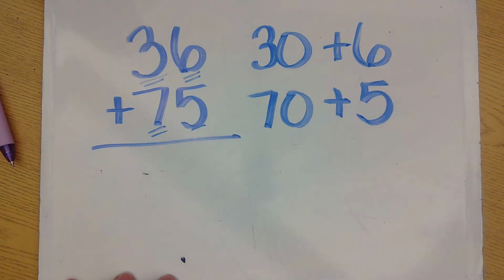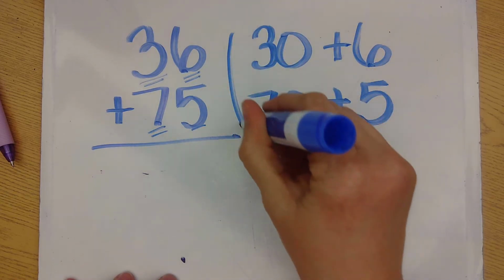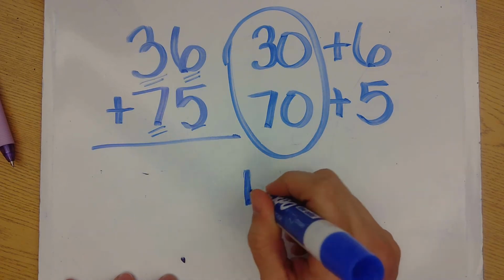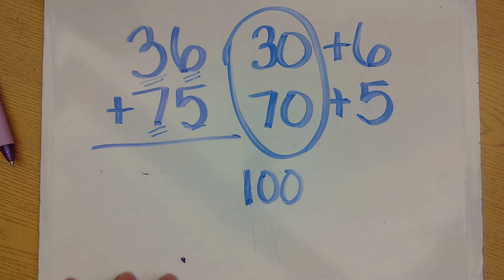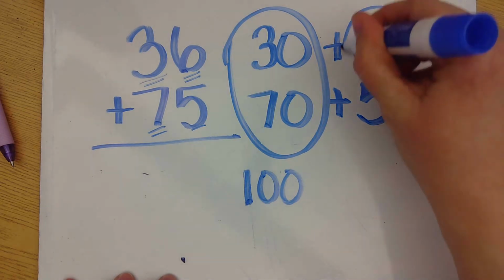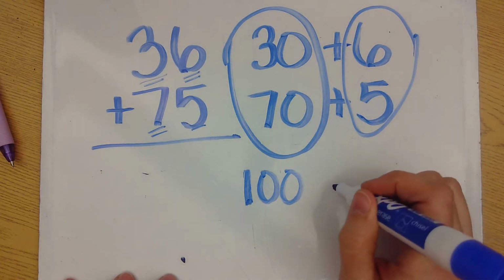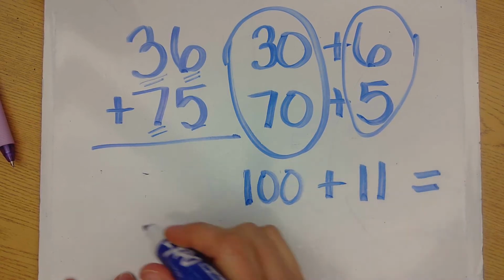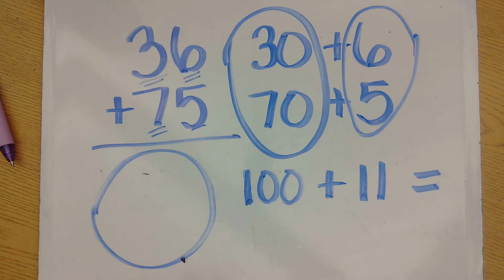All that's left is adding the tens and adding the ones. I can add 30 plus 70 first. 30 plus 70 equals 100. And 6 plus 5 equals 11. So the answer to this problem is 111.